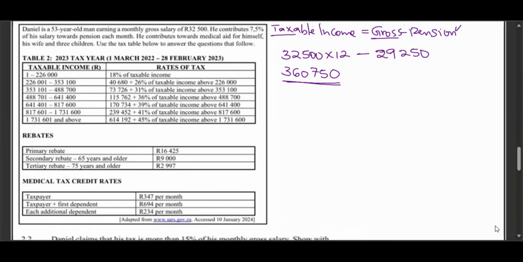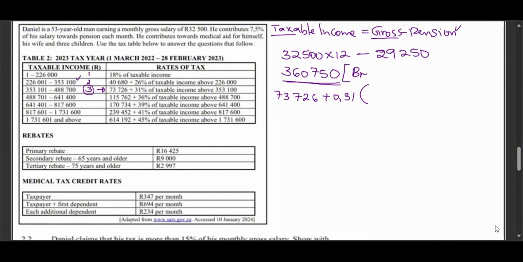So we look for which bracket this money belongs to. We compare the number that we've got, and we find we have bracket 1, 2, and 3. It has already exceeded these because it's 360,000. So it's in bracket 3, which means you're going to use this calculation here. We shall write it down: 73,726 plus 31%, I'll write it as 0.31.